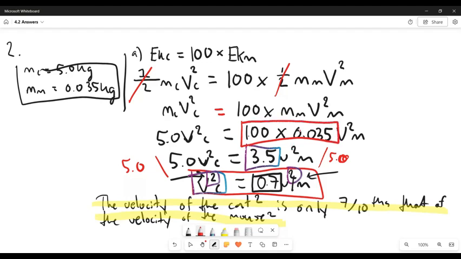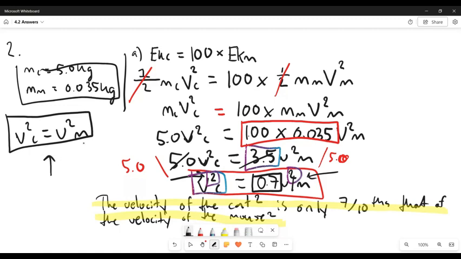We need to make sure this is 5. And the reason why this is 5 is that once it is 5, it'll just cancel out over here, and we would be left with velocity squared of the cat is equal to velocity squared of the mouse. And this is basically saying that the cat will eventually catch up to the mouse, or at least they're running at the same speed. So it's the minimum amount of kinetic energy more that the cat needs in order to catch up with the mouse.